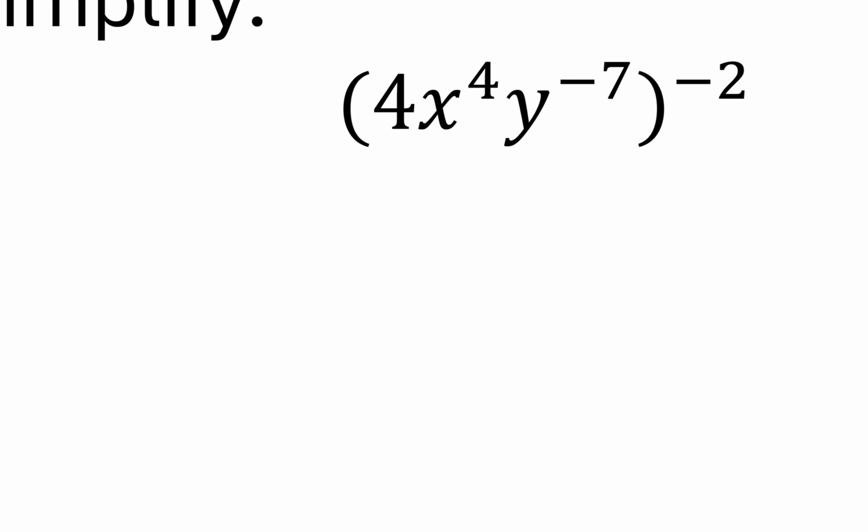For the next one, same idea, but we have a negative exponent, so watch out for that. We have 4 to the negative 2 times x to the negative 8. We then have times y to the negative 14. Okay.